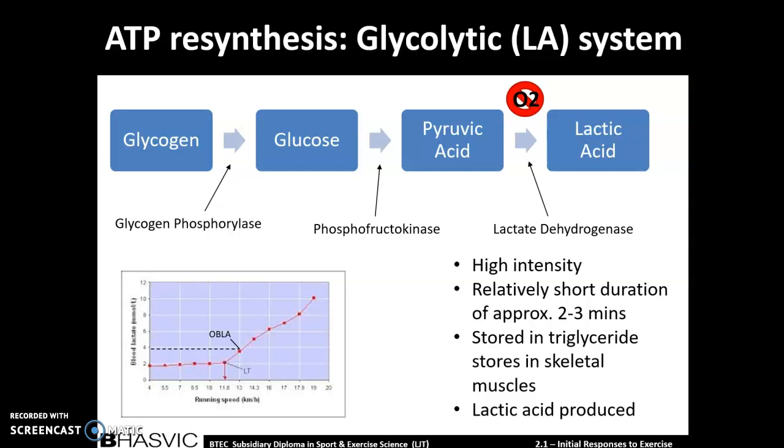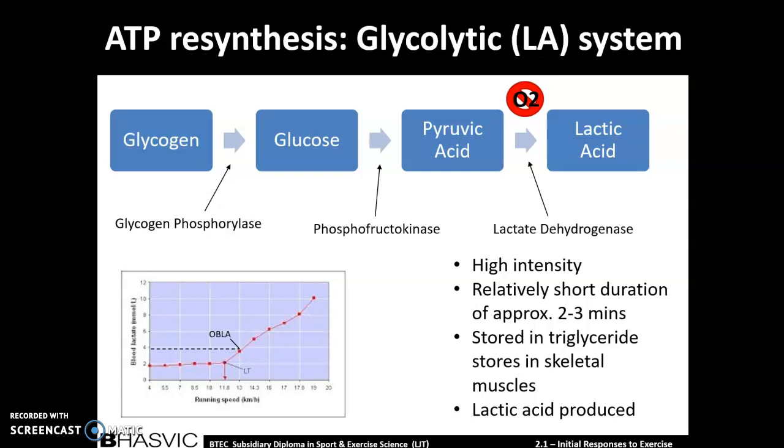Now looking at the glycolytic system, it uses glycogen from the stores in the skeletal muscles, and then glycogen is broken down into glucose, and that is through the enzyme glycogen phosphorylase.